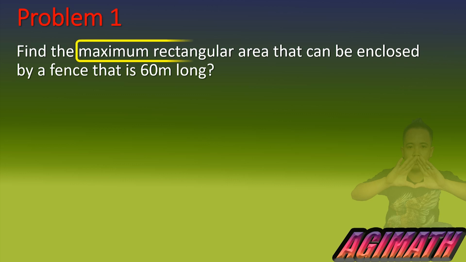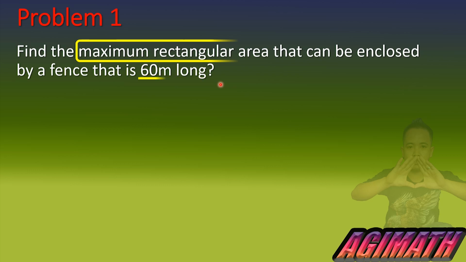So for this, we are asked about the maximum rectangular area. So it is speaking about area. Another hint is 60 meters long. Upon reading the problem, you try to visualize what the problem is all about.